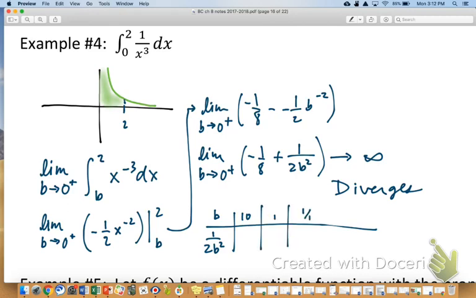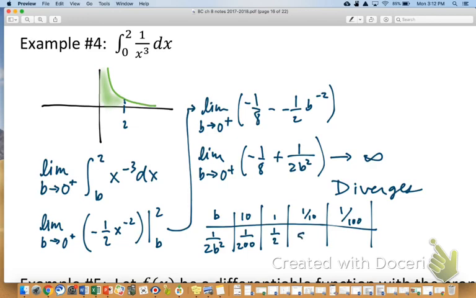You can look at a little table to see this. Would you guys agree with me that my b's are heading towards 0 from the right? So this would be 1 over 2. But then we start to get large fast, right? So if I plug in 1/10, wouldn't I end up with 50?